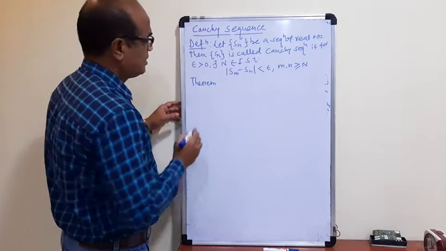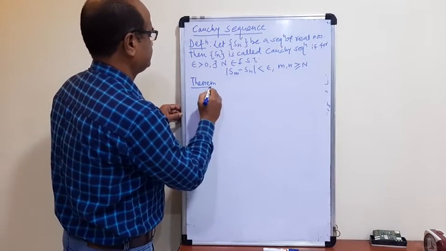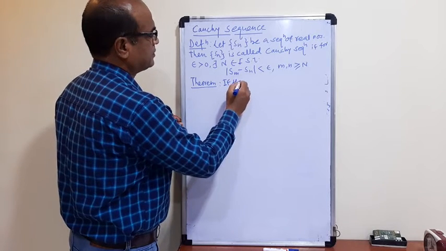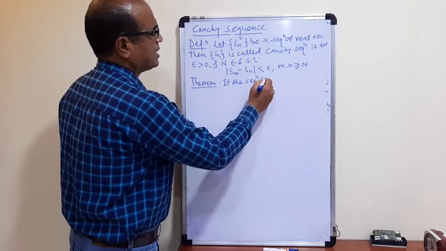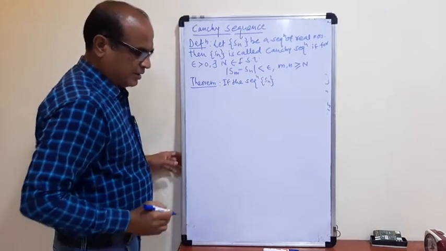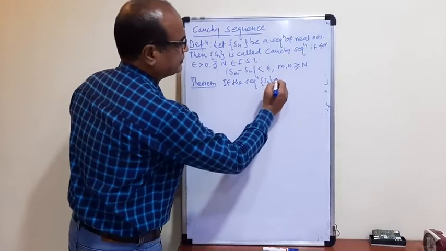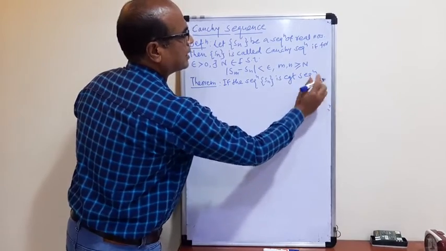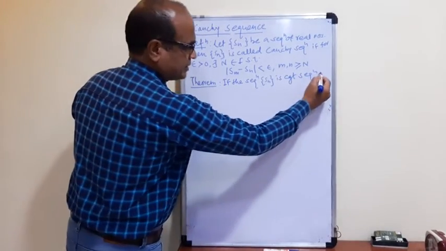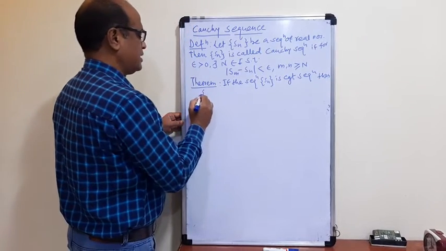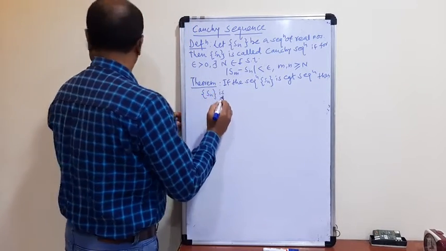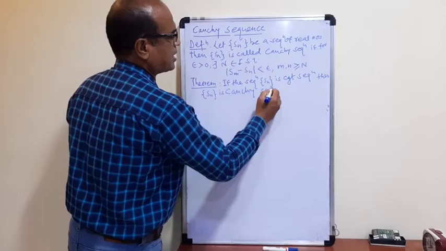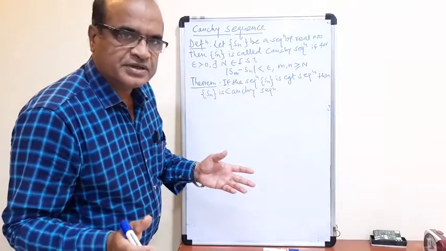Theorem: if the sequence Sn is a convergent sequence, then it is a Cauchy sequence. Then Sn is a Cauchy sequence. So any convergent sequence is a Cauchy sequence.